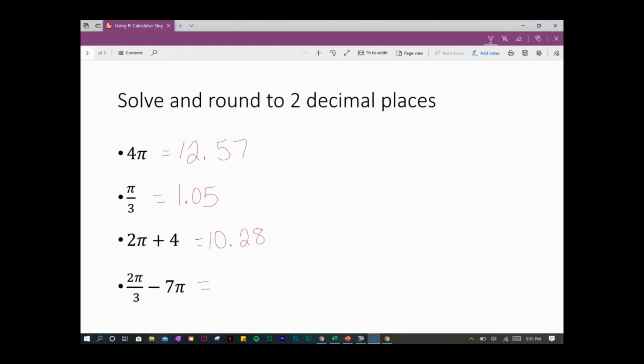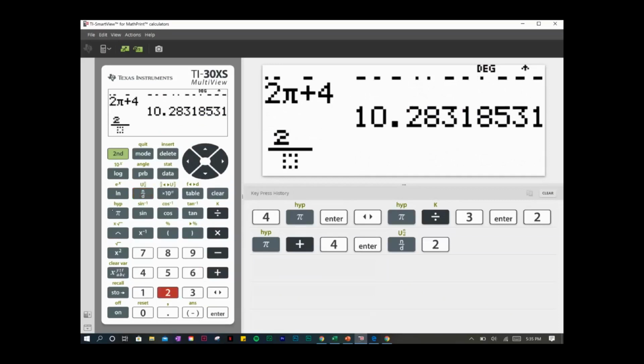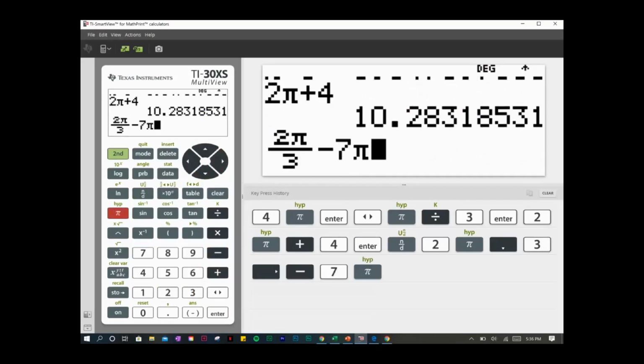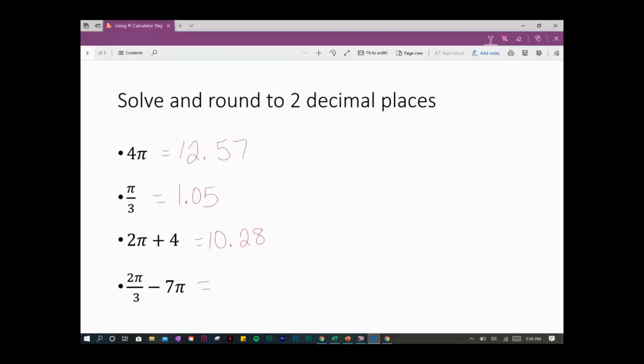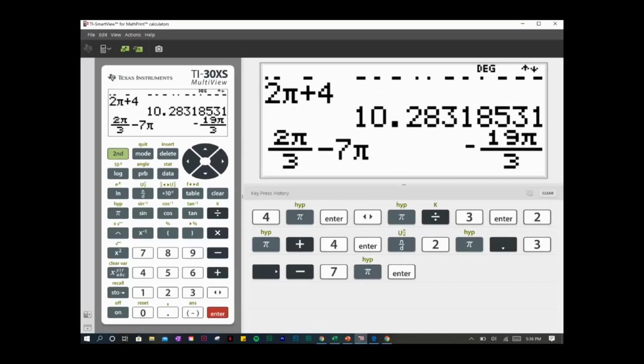And then 2 pi divided by 3 minus 7 pi. So I'm going to use the fraction button here to do 2 pi, then over 3, minus 7 pi was what I have here. Enter. And it gives me a fraction. If it wants the exact answer with pi, that would be my exact answer, negative 19 pi over 3.